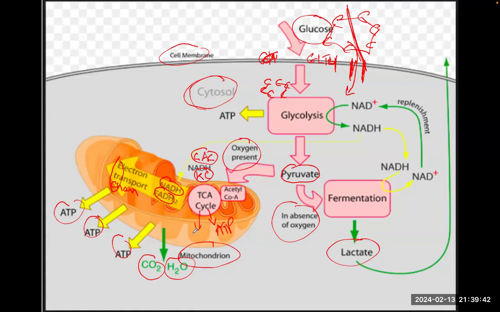It gives off also carbon dioxide, but it primarily makes the coenzymes NAD and FAD. And these coenzymes are responsible for carrying electrons over into the electron transport chain.